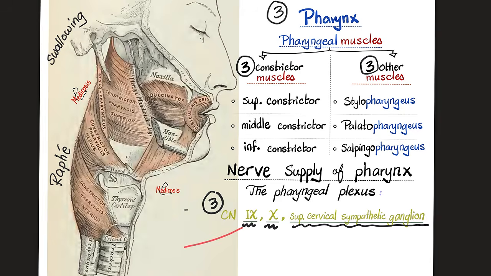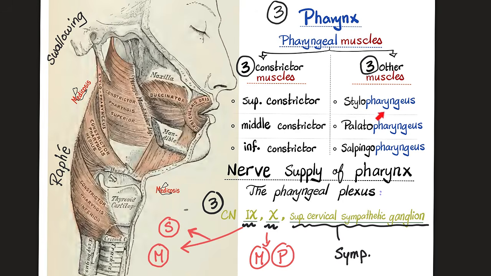The glossopharyngeal nerve is going to supply the pharynx with somatic motor fibers for the stylopharyngeus muscle and sensory fibers as well. The vagus nerve supplies the pharynx with motor fibers plus parasympathetic fibers. As for the sympathetic cervical ganglion, of course it will supply us just with sympathetic fibers.